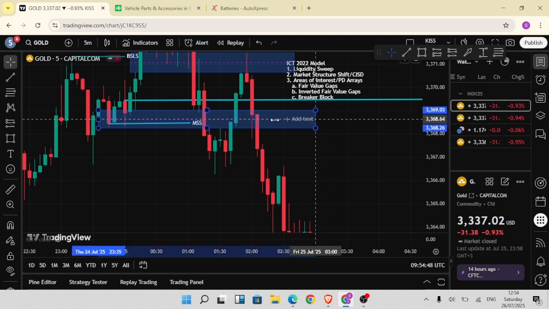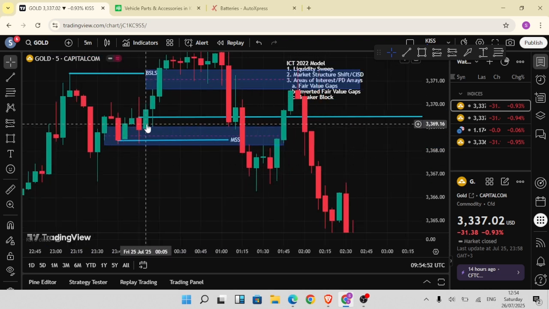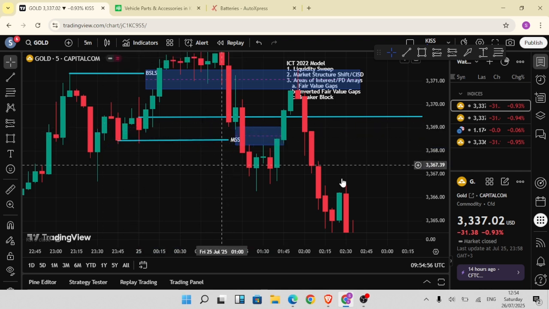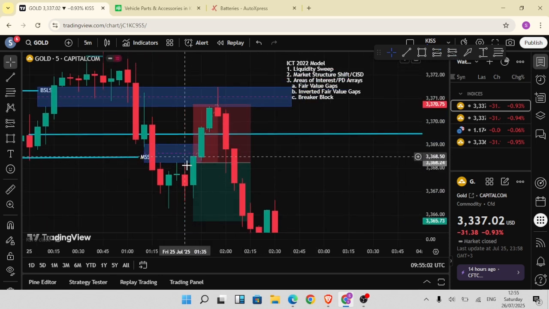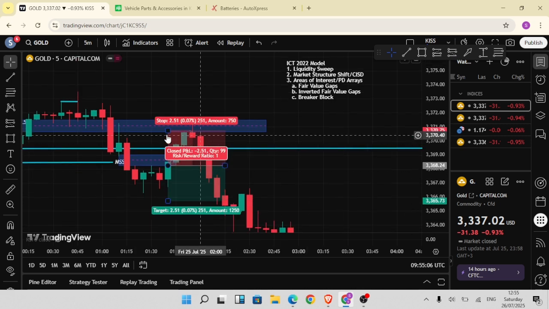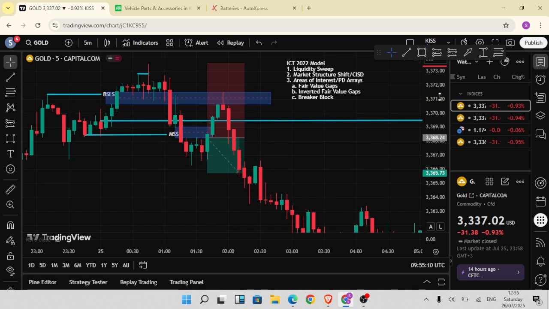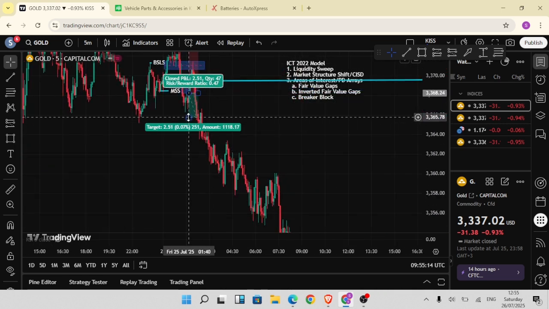That becomes a very high probability entry area. So we have this breaker block and we have this fair value gap. Entry as price gets into this breaker, the fair value gap, stop loss above there, and we want a risk reward ratio of 3.